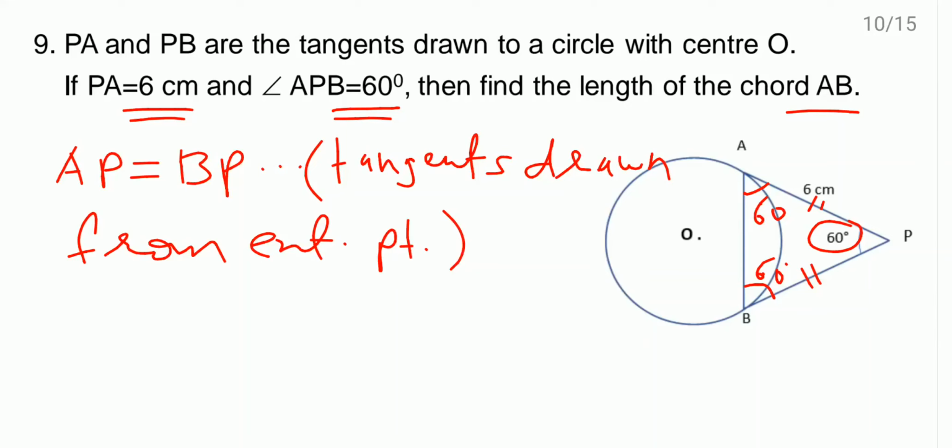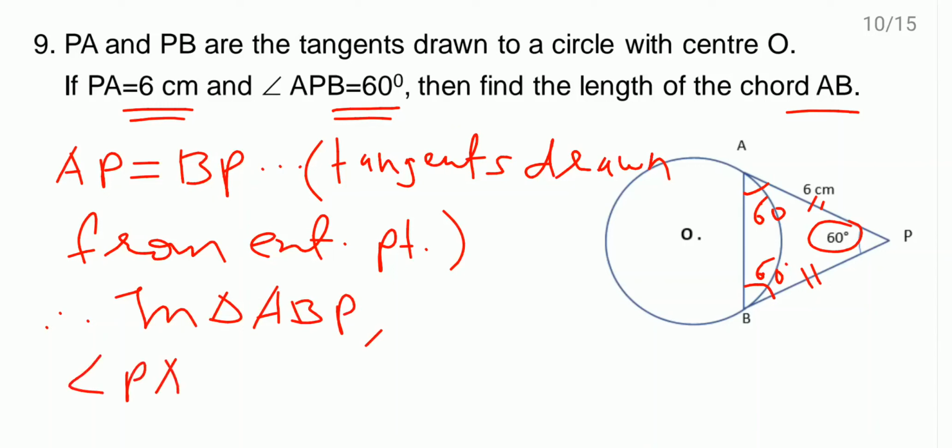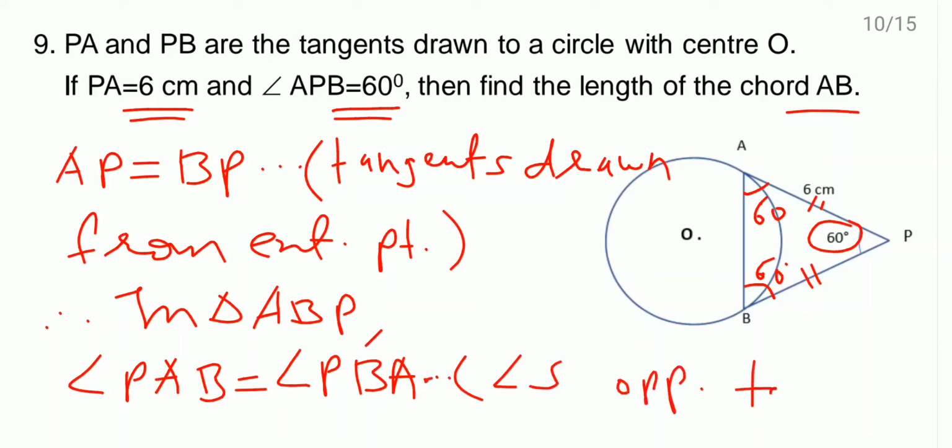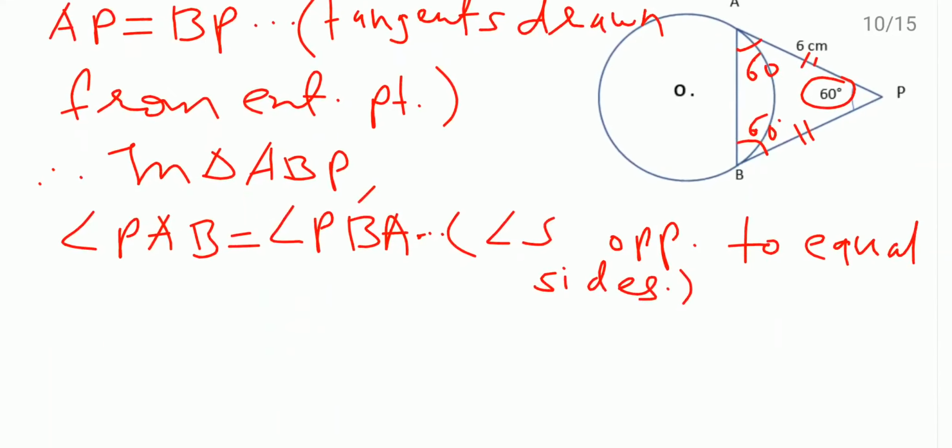Now the other one, therefore, in triangle ABP, angle PAB is equal to angle PBA. Reason: angles opposite to equal sides are equal in measurement.